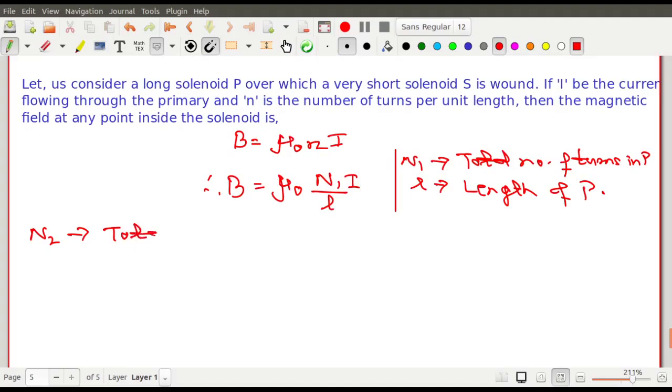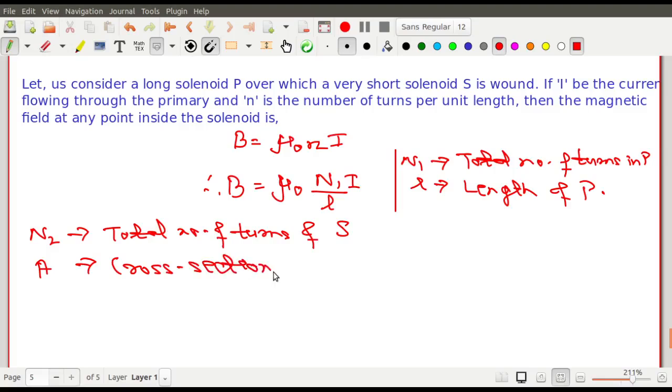N2 is the total number of turns of capital S, and capital A is the cross-sectional area of each turn of S, right?